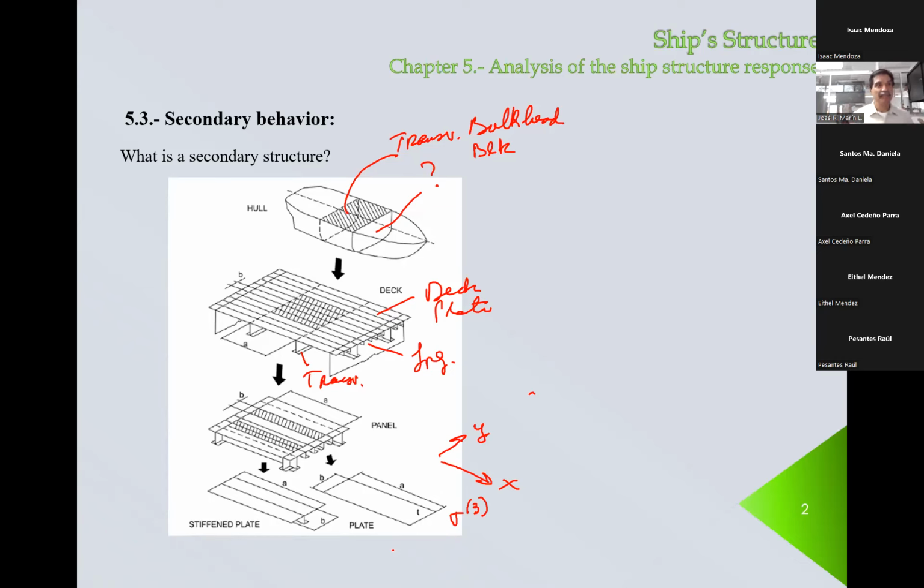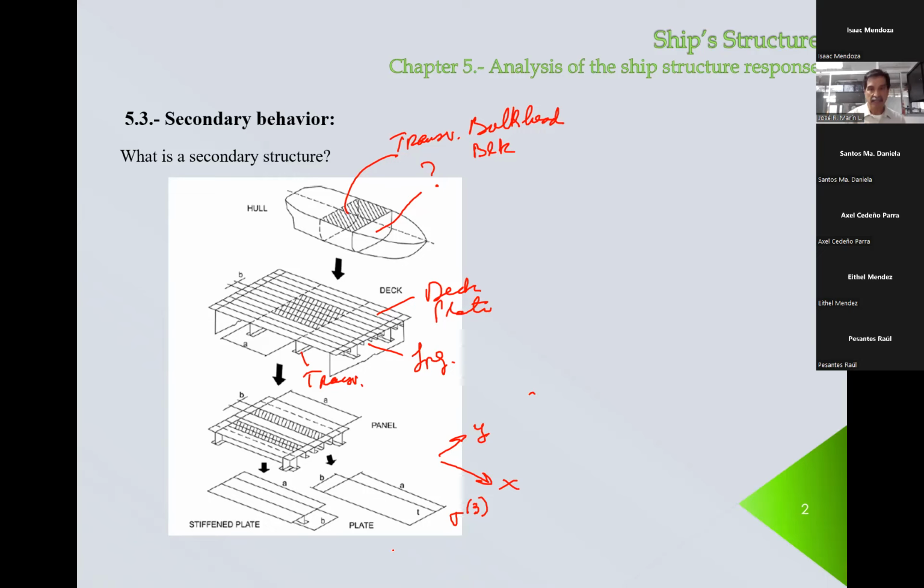Remember, bending moments in general, in this case, since we are considering a deck plate, we can assume that the load will be uniform. Okay, Y direction. A Y direction, yes. Remember, in case of uniform load, the bending moments are larger in the direction of the shortest side.